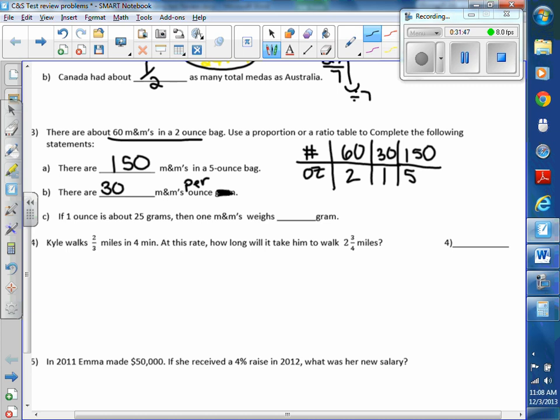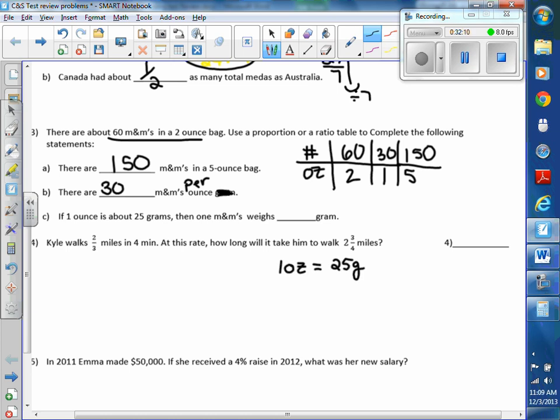If 1 ounce is about 25 grams, then 1 M&M, how do we do that? So what do you get for 1 in 25 and 30? We know 1 ounce, right, is 25 grams, right?